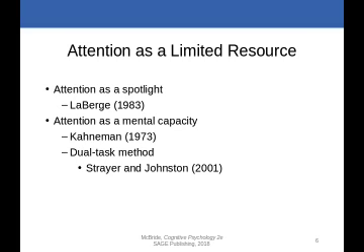Over time, as described in your book, later capacity models developed by researchers focused more on how interference from multiple tasks can tax attentional resources and cause decreased performance on one or both tasks.